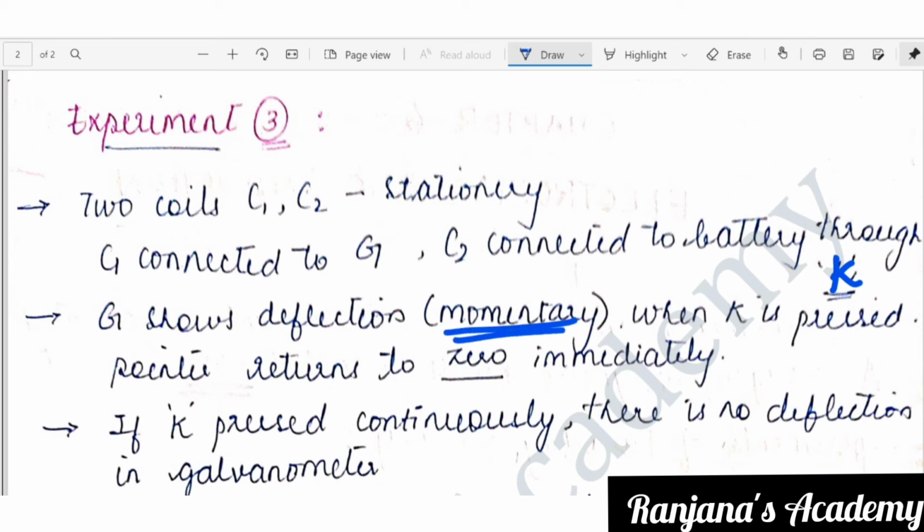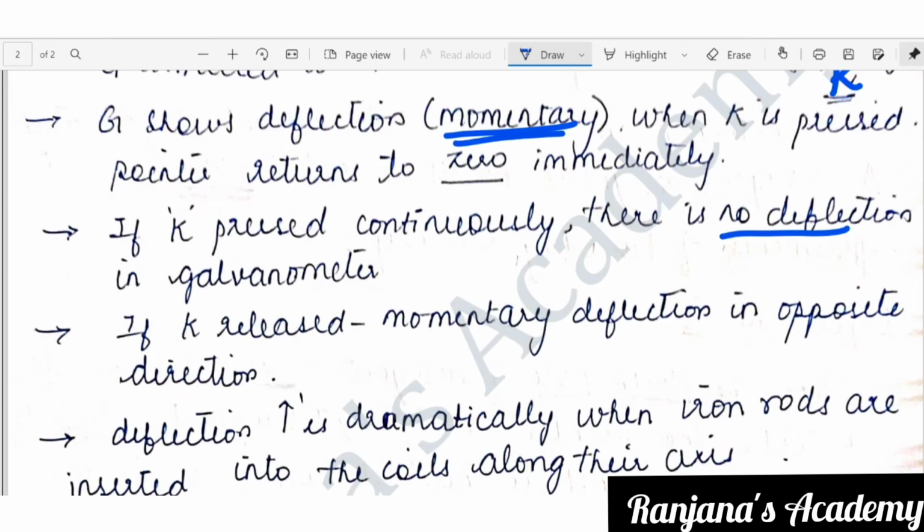So I'm going to press the key. The galvanometer shows deflection, and the pointer returns to 0 immediately. If the key is pressed continuously, there is no deflection. If the key is released, a momentary deflection is seen in the opposite direction.